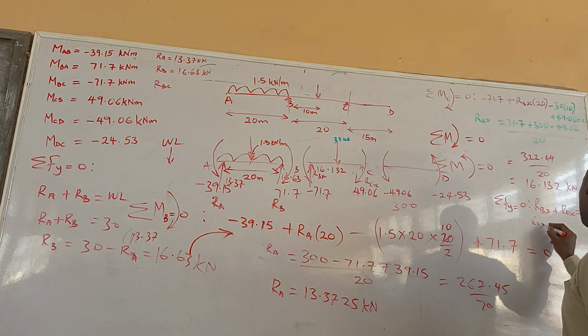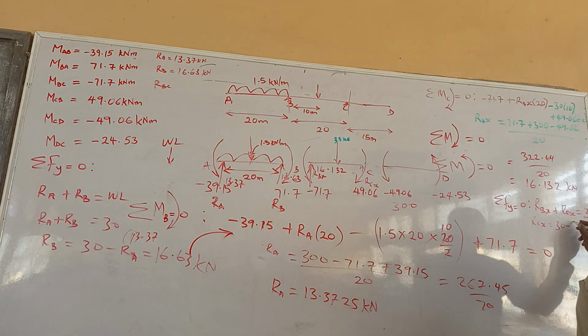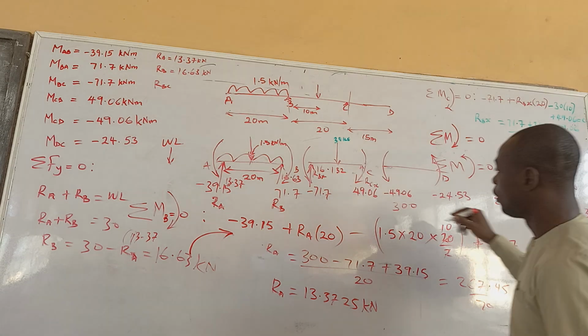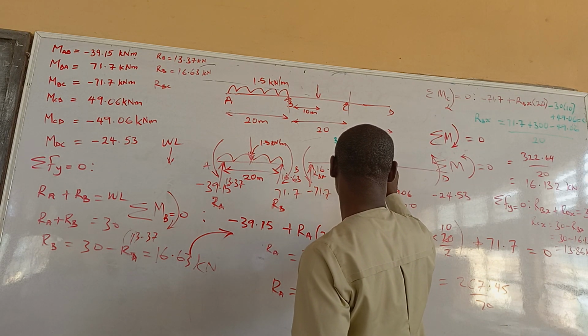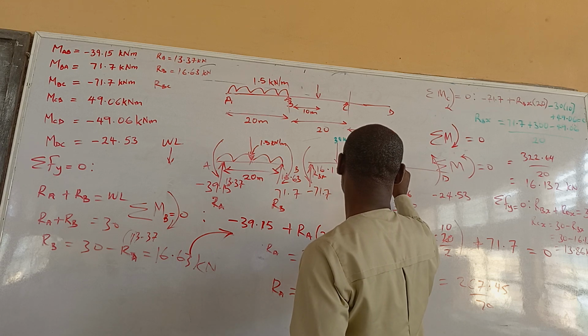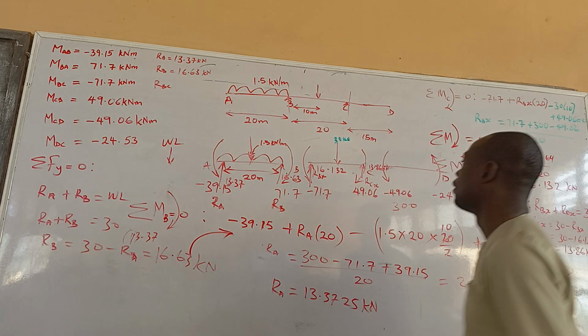RCS will be equal to 30 minus RBS, which equals 30 minus 16.132, which equals 13.86 kilonewton. Right? So we have 30.86 kilonewton for this particular side, right?